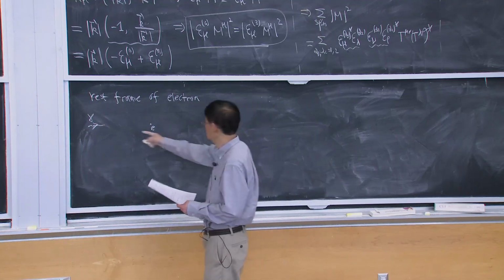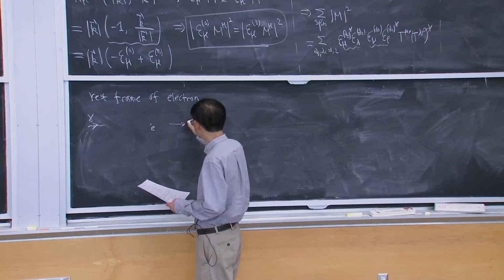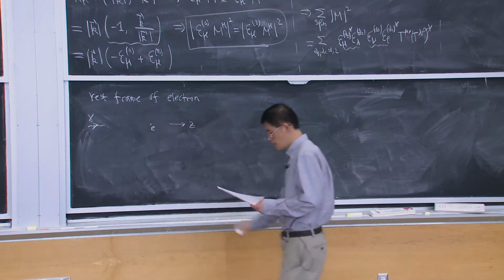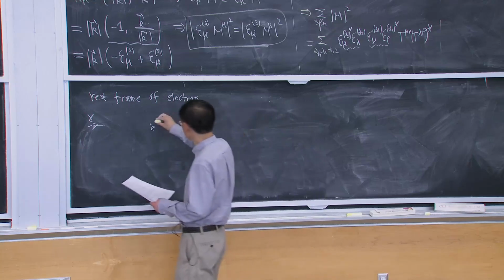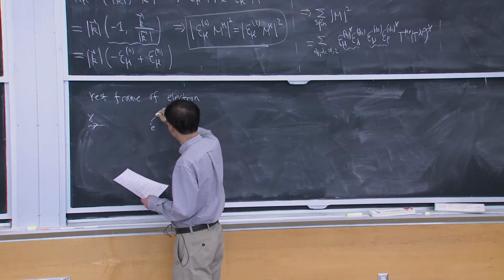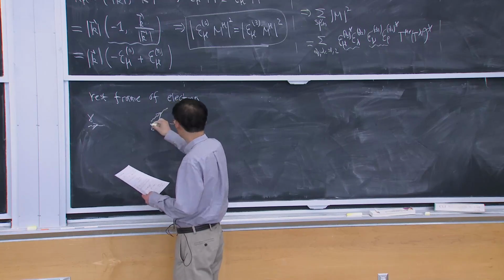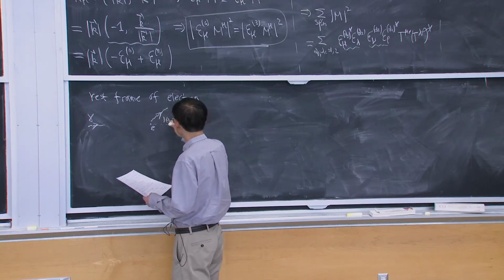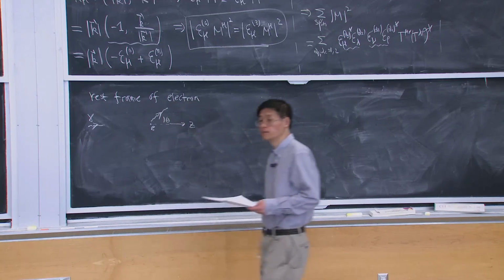Let's call the incoming axis the z-axis. After scattering, the photon will be scattered into this direction. Let's call this angle theta.